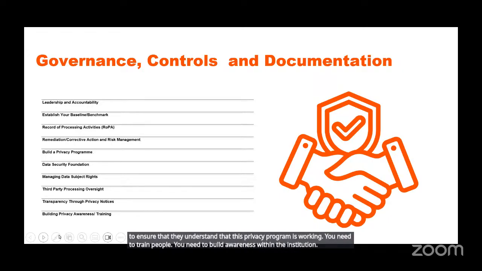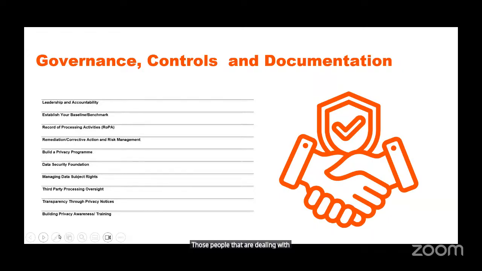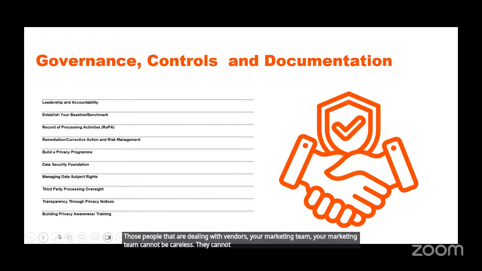Those people that are dealing with vendors, your marketing team, cannot be careless. They cannot just send emails to people anyhow. Was consent obtained? You need to build that awareness within the organization. So this is basically what you need to start putting in place.